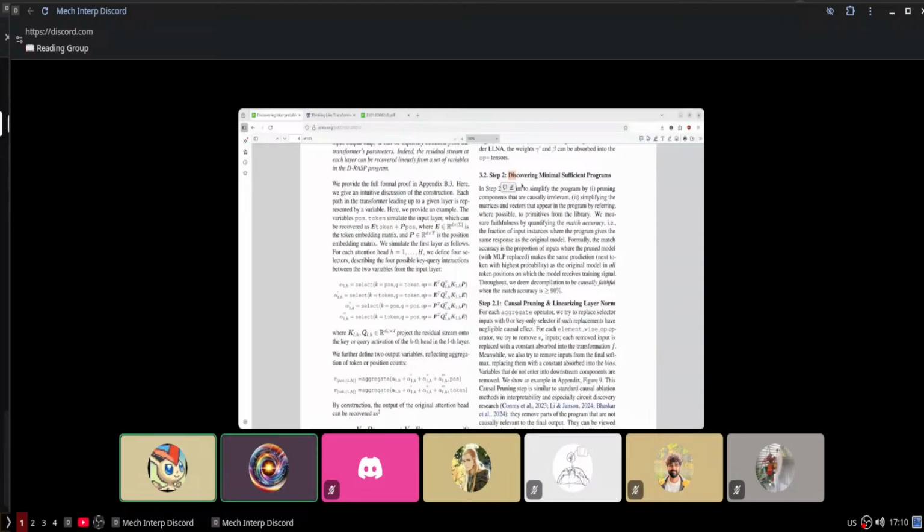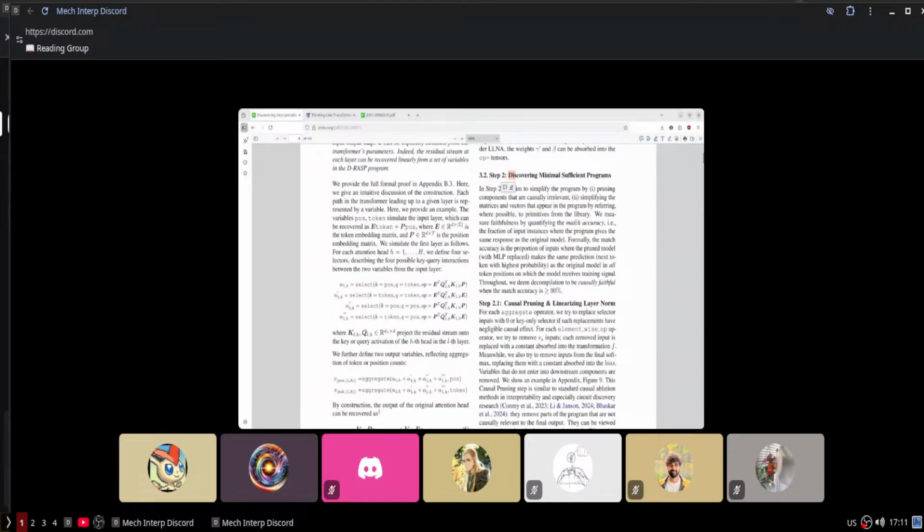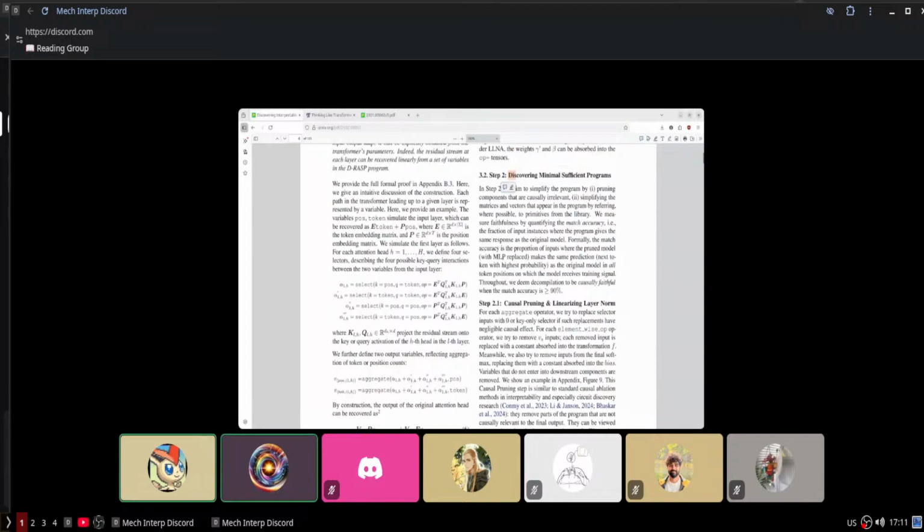So it's somehow easier to prune when you translate it to this language than with normal transformers? I think if it's useful, it's because of that. It might be bullshit, but let's see.